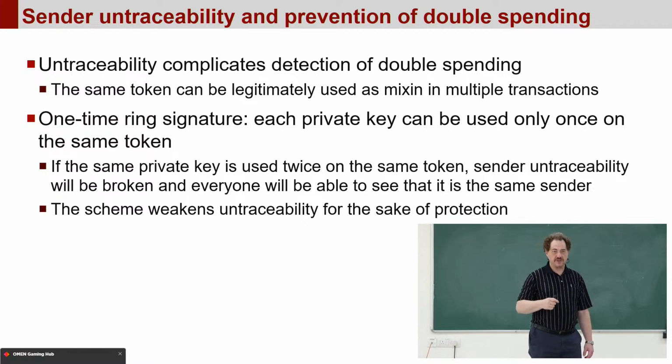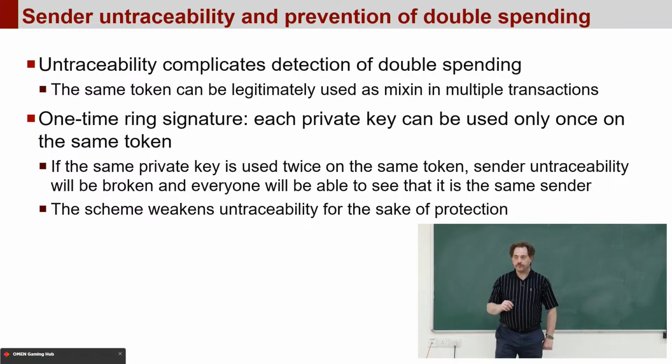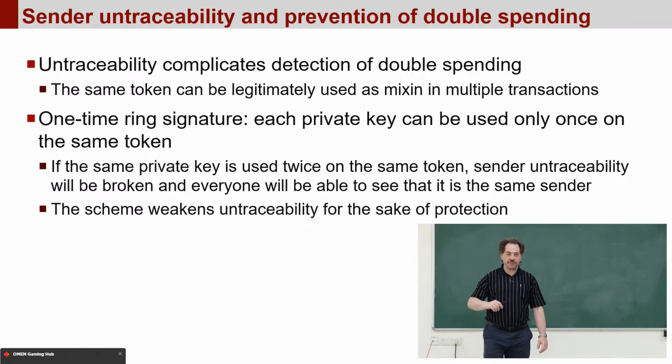In other cases, it would be a mixing. It would be fake. But still, from the outside, it looks like double spending, right? The same token, the same output is used as the input to multiple transactions, and that's valid, unlike Bitcoin. Okay, so how do we know that it's double spending in this case?